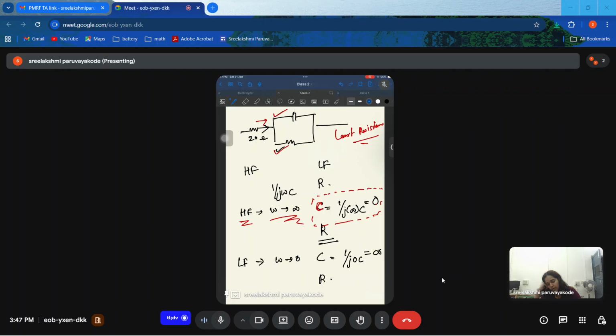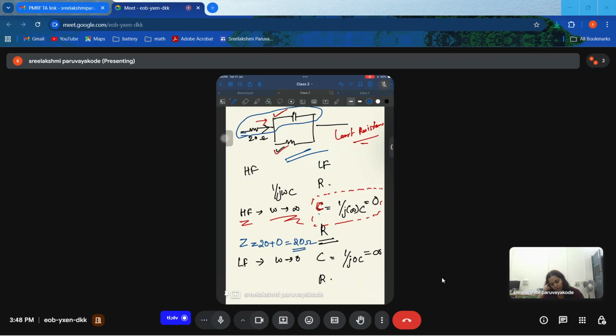It will go through 20 and then take this path. This wouldn't have any effect. So what is the net total impedance here? There is a resistance R1 which is 20, plus this one, where the capacitance offers a very low resistance value of 0. It's 20 ohms.